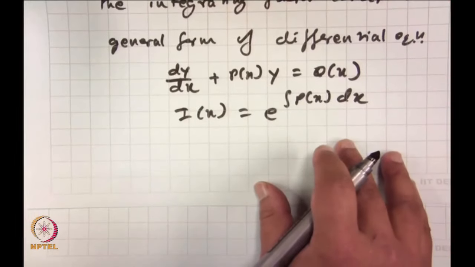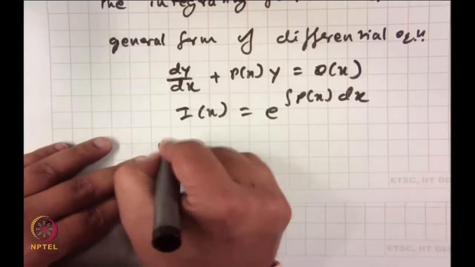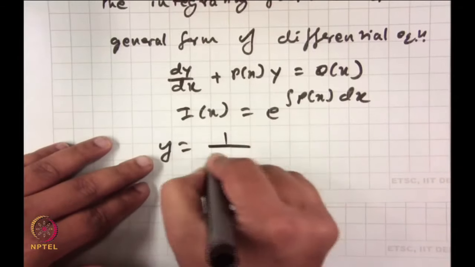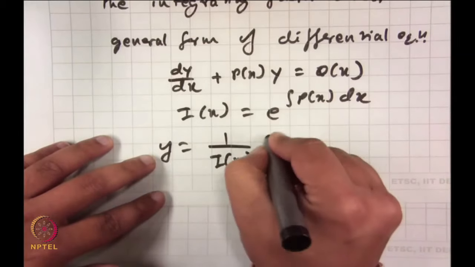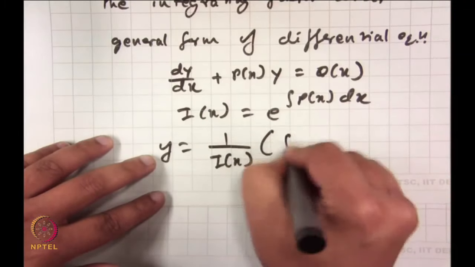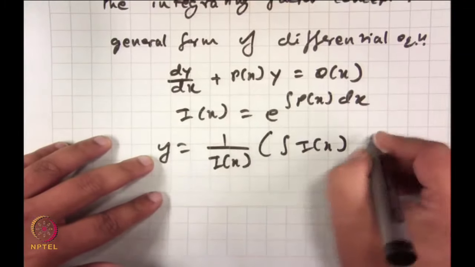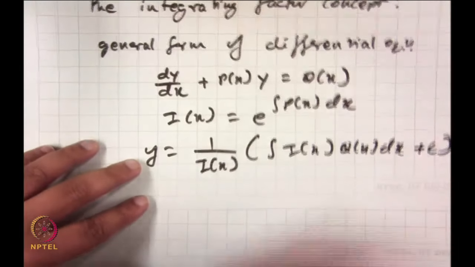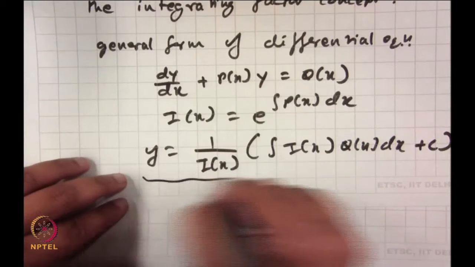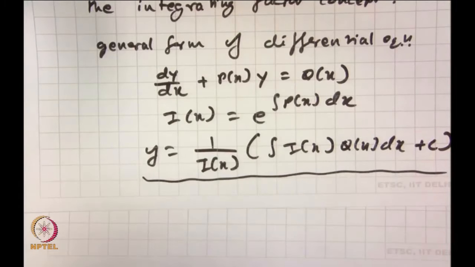So, here finally the solution becomes y is equal to 1 by I of x, then I can write integral of I of x q of x dx plus c. So, this is the final solution we are going for, okay, in terms of the integrating factor technique.